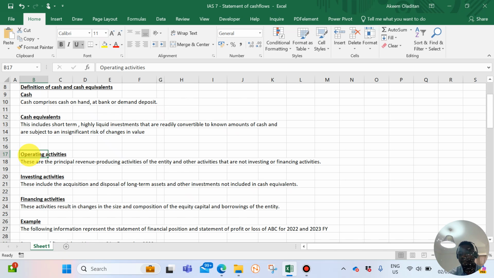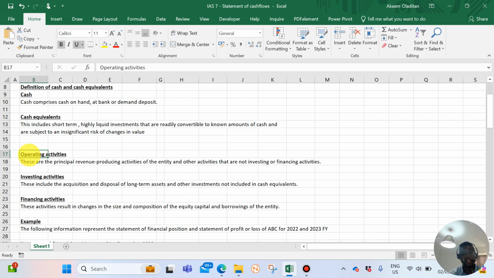That is when you sell goods or services, you run your business from time to time, you collect receivables from the sale of goods and services, and sometimes you also need to make payments to your vendors. Those activities that fall within that category are called principal revenue producing activities, because they are short term. So that is operating activities.